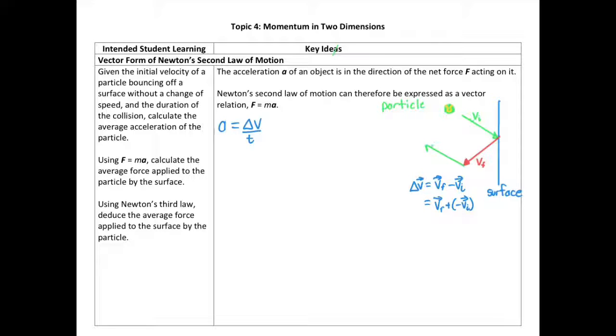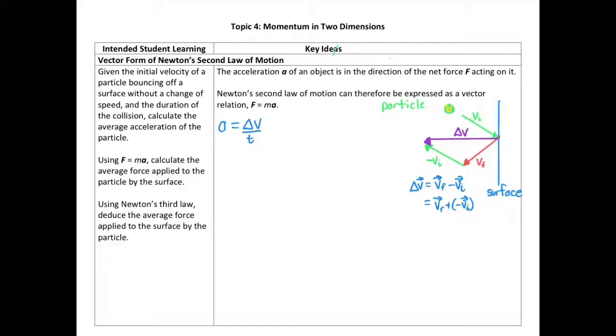So that there is minus Vi, and then we use the tail to tip rule, and we can work out that change in velocity, and I didn't draw that very well, but I just disguise it with the arrows, is equal to that.